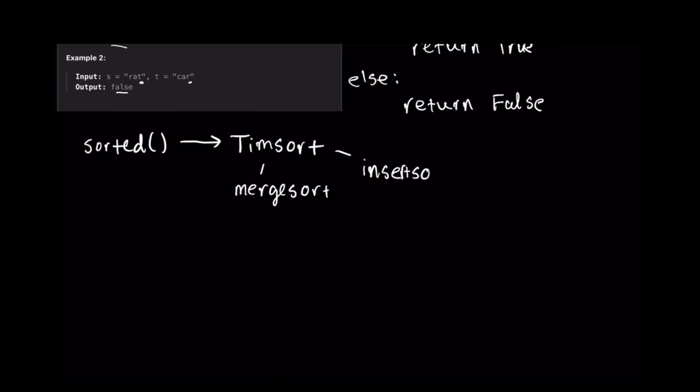And because of these two algorithms that timsort uses, when it comes to time complexity, the big O is always going to be n log n. And that is a best case and worst case scenario for timsort.